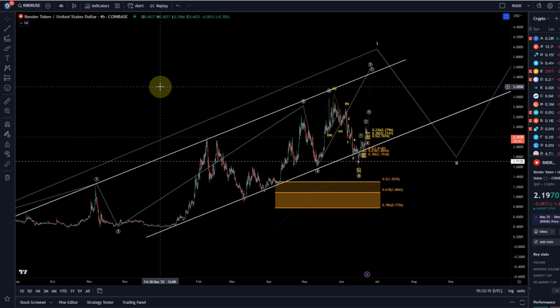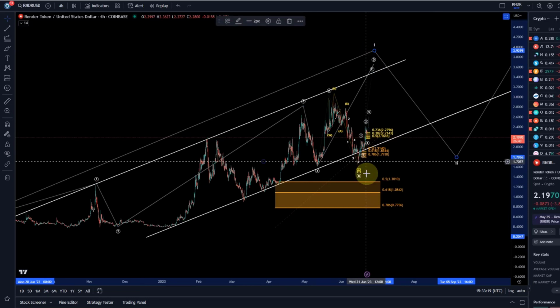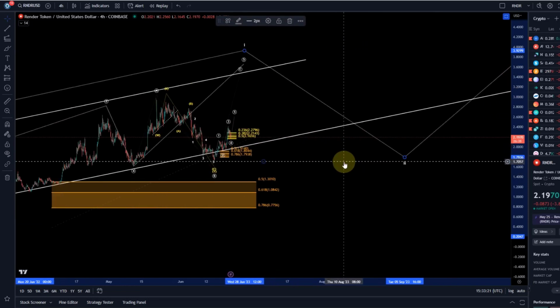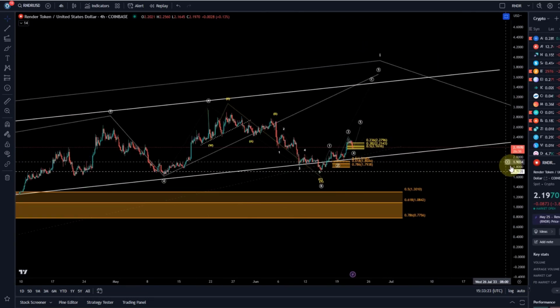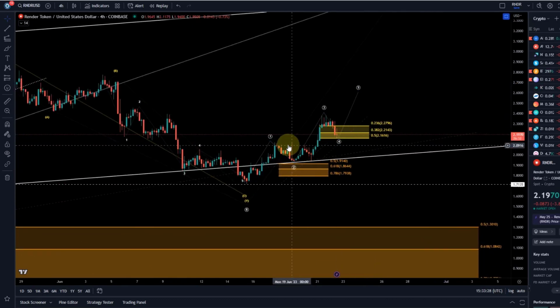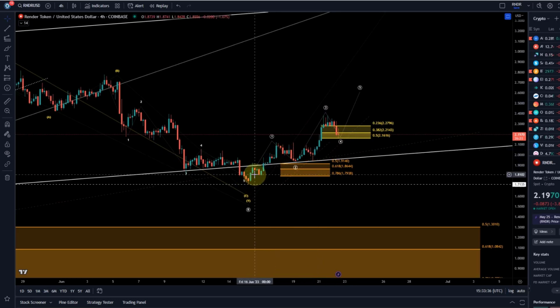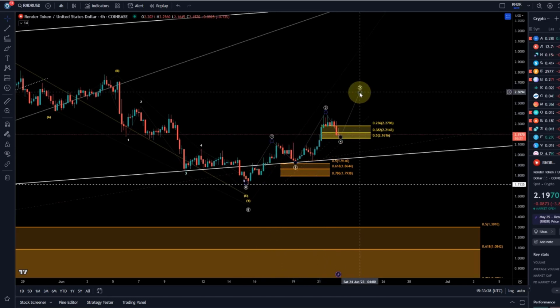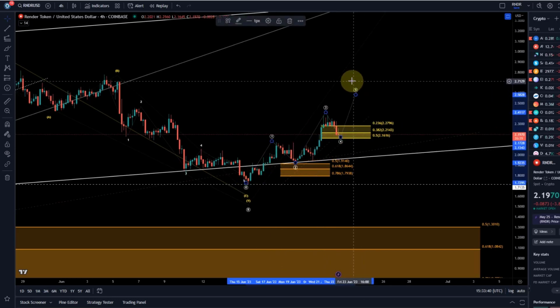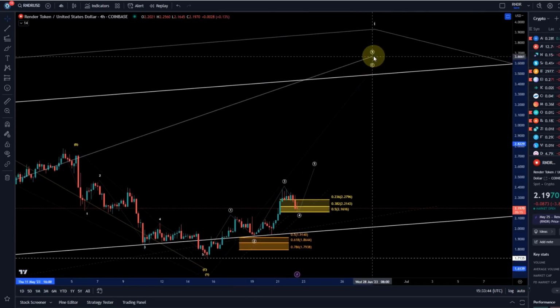Nevertheless, the C wave here, which is the last wave of this wave 5 of the wave 1 diagonal, could be an impulse. I think it's not, because this pullback that we can see at the moment is at a point where it shouldn't have happened unless we deal with a 1-2, 1-2 setup, but that's unreliable. So I have to assume this is either a diagonal which needs one more wave, and then we have wave 1 of wave C of wave 5 complete.